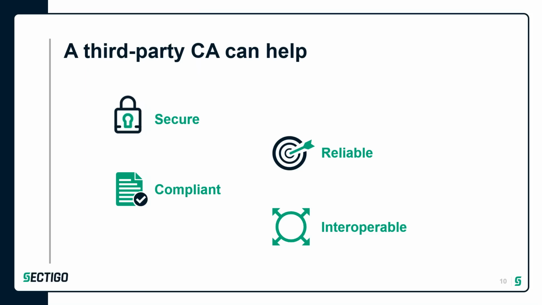Go ahead, Tim. Yeah. So your three bullet points here: secure, reliable, and compliant. We could go on about that, but let's talk about interoperable for a moment. You might set up a CA for your environment, and hey, that's great. Maybe you even have somebody on it who's got some experience and knows what they're doing. The problem is you won't be trusted beyond your own walls.